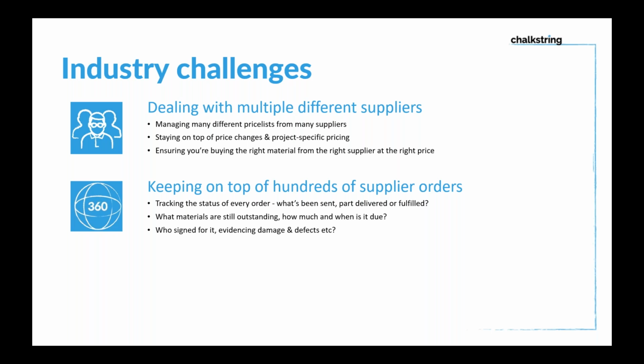You'll have processes in your business, but to be able to instantly tell the status of every order and all the associated information is very hard for many companies we speak to. So this is all about pulling that together, so you've got visibility of many different orders, even down to who has signed for it and whether there were issues with damage, so that you've got that audit trail for speaking to your supplier regarding the invoicing.